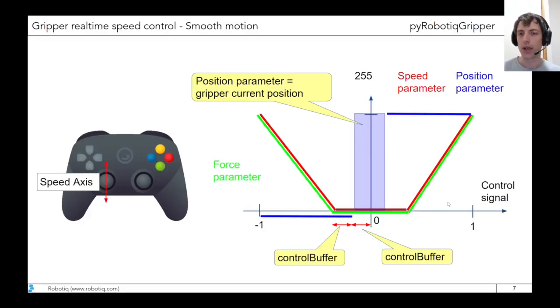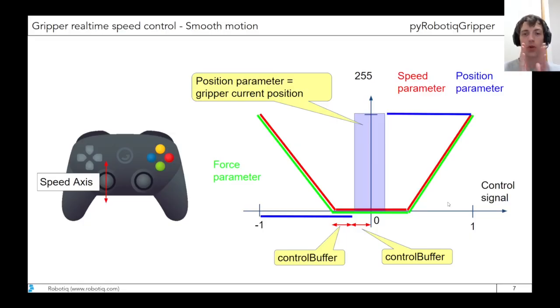First, in the center of the control signal, around 0, and for a distance that is equal to the control buffer. The control buffer is a parameter that you have in the function, so you can adjust it as you want.